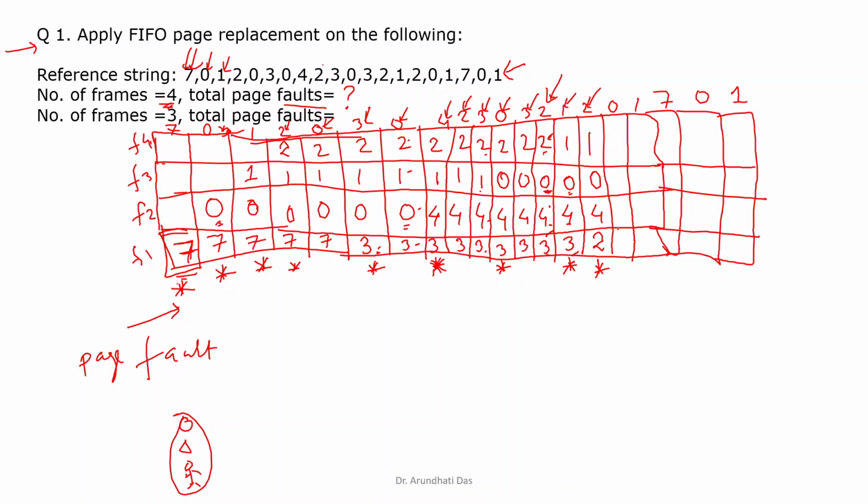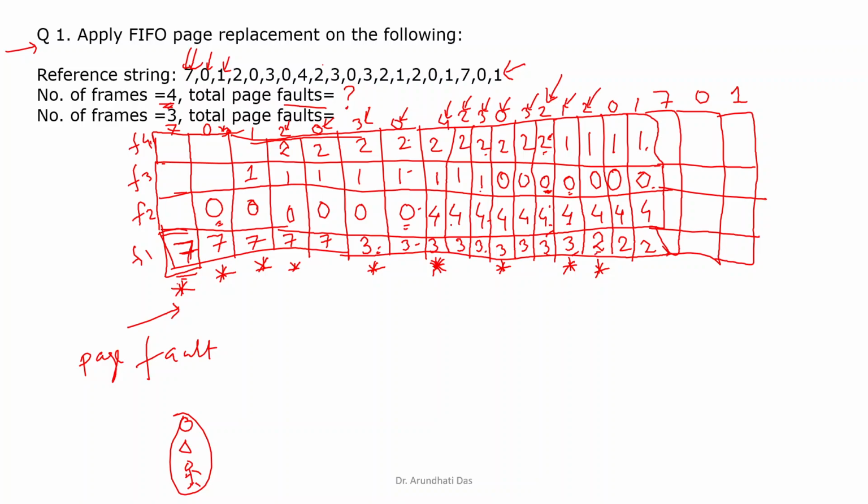Then again next request is for 0. Whether 0 is there in the main memory? Yes, it is there. No page fault. Now 1, yes, it is there in the main memory, no page fault. Then 7, whether 7 is there in the main memory, unfortunately no. I have to replace... 1 has come recently, 0 has come, the last was 3 which got replaced by 2.